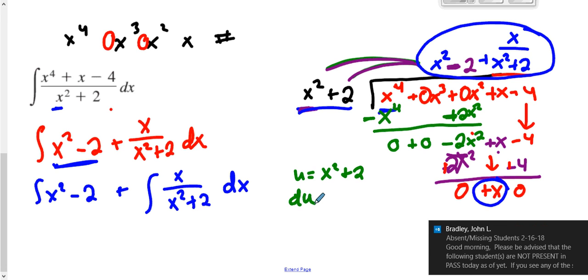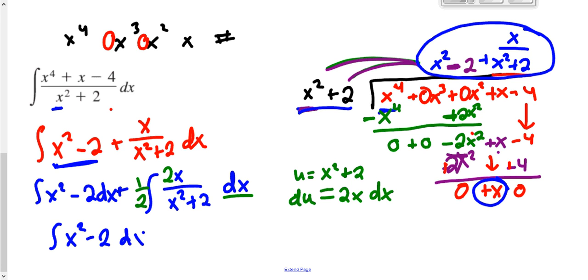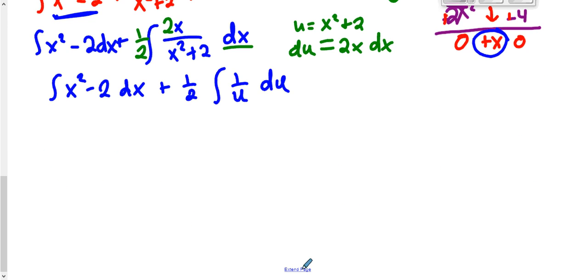So we have du, sorry about that, is 2x dx. Well, we have dx, we have x, we need a 2, so we have to put a 1/2 in front. So finally what we're integrating, I got my dx here, so x squared minus 2 dx plus 1/2 the integral of 1 over u, and that becomes the u.